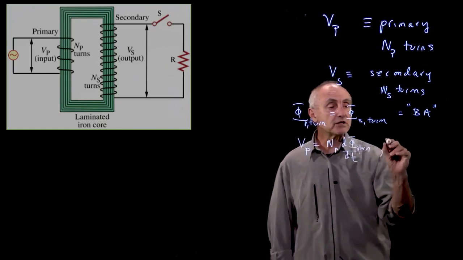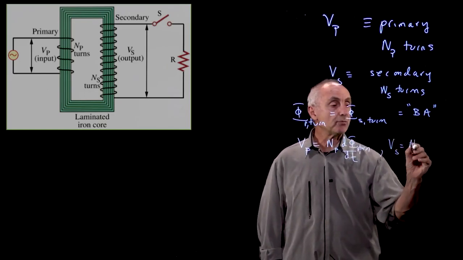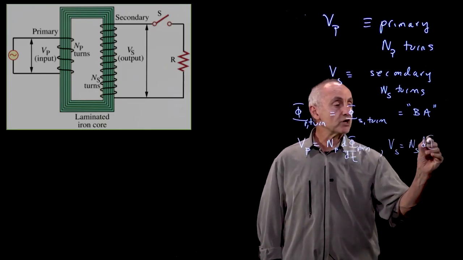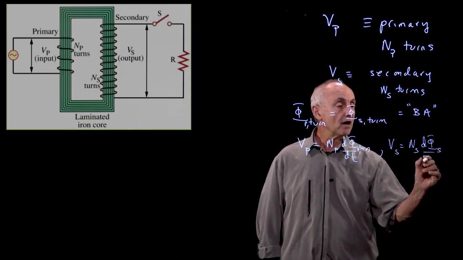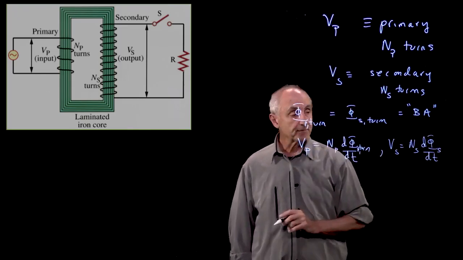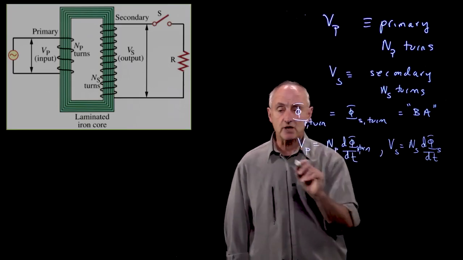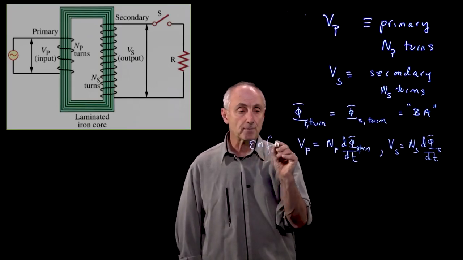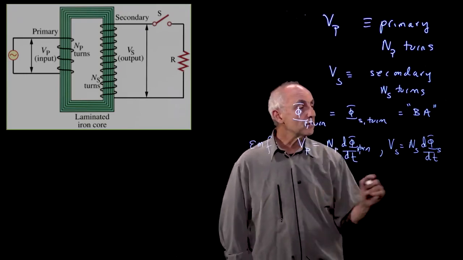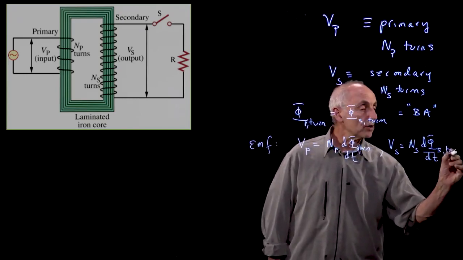And on the secondary side, it's the number of turns times the rate of change of the flux through one turn on the secondary side. These are the EMFs generated on the primary and the secondary side. These are our EMFs. Now, this is through one turn.